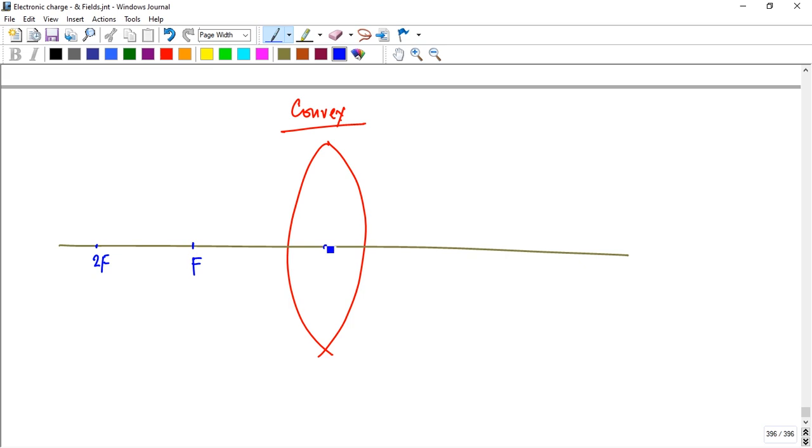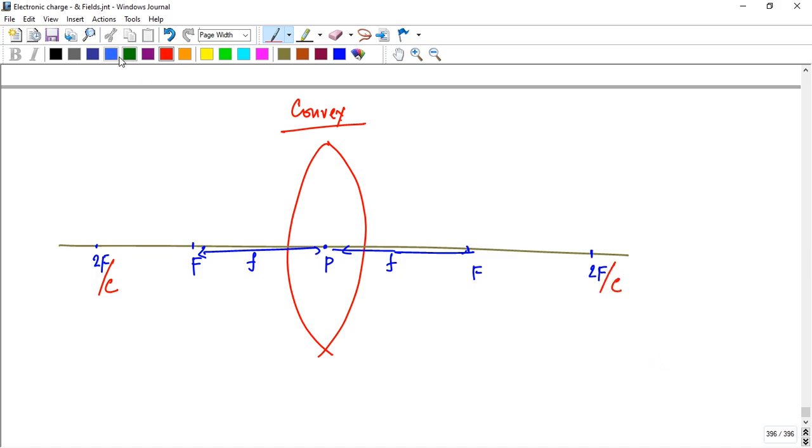From the pole to the focus is the focal length, and the same distance on this side. Here is twice the focal length, and this point is also called C, the center of curvature.